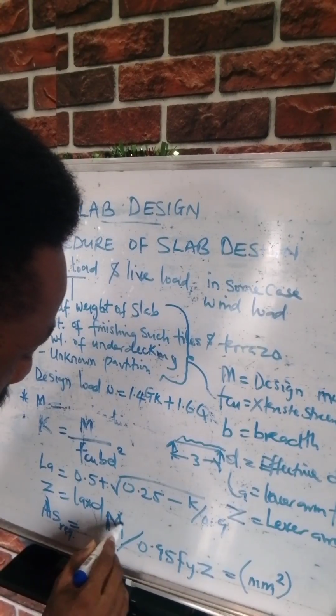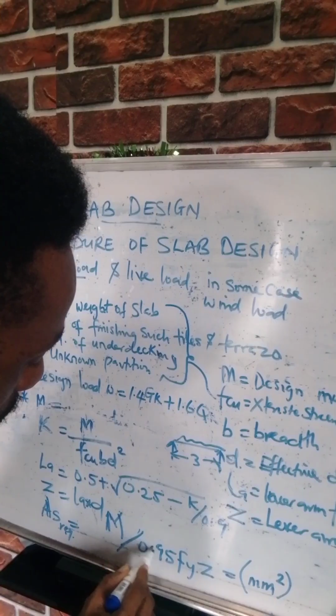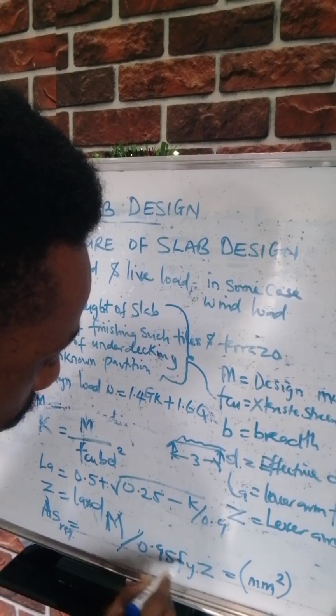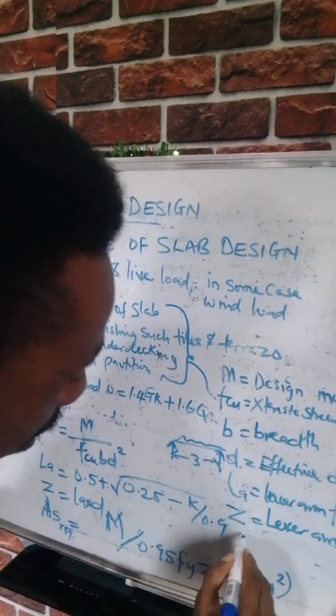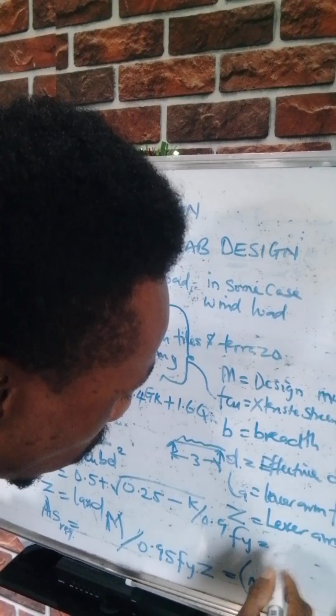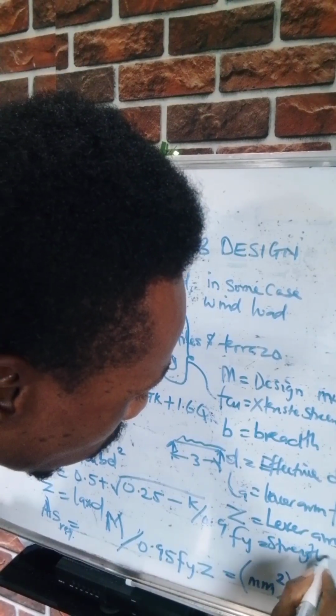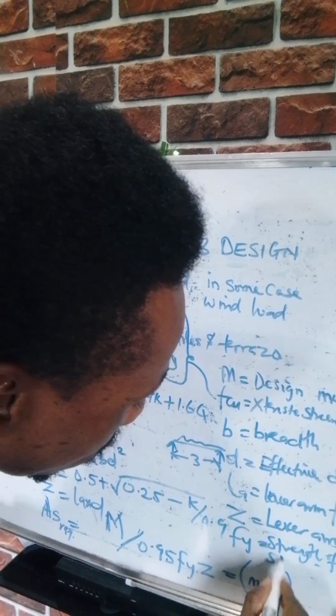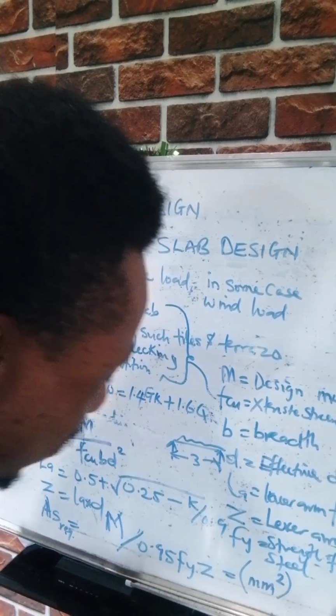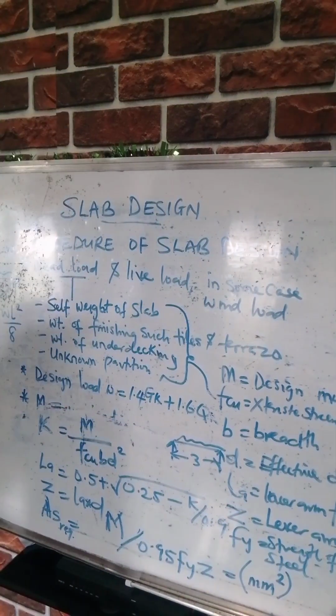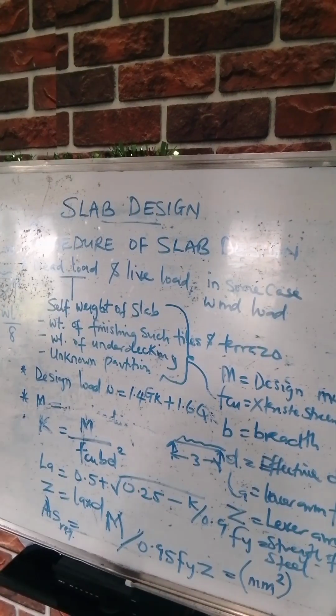So it's going to be your moment divided by 0.95 FYZ. Now your FY is your strength of steel, that is tensile strength. So when you do that, you have succeeded in designing your slab. That is the design procedure for your slab.